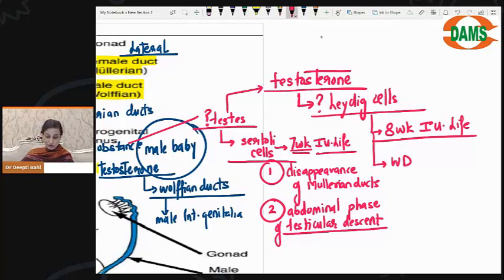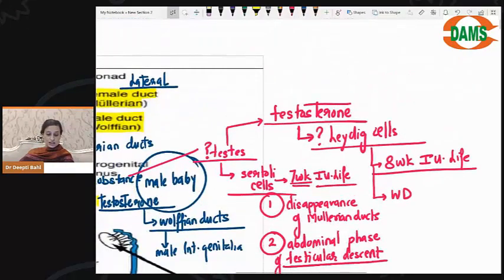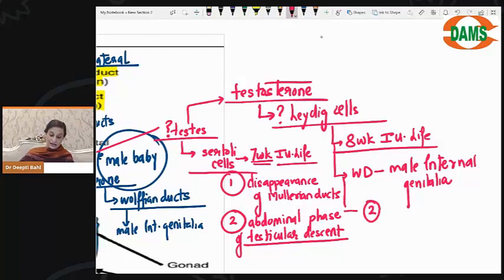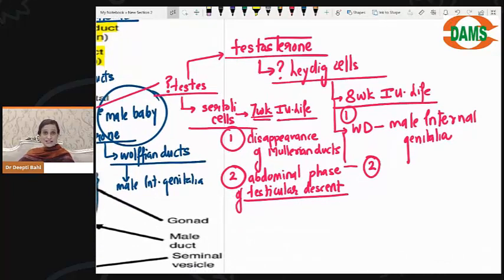So we've already discussed, it will convert Wolffian ducts into male internal genitalia. So the first function is it is going to convert Wolffian ducts into male internal genitalia. And the second important function of testosterone at this time is what? It is causing the scrotal phase of testicular descent.